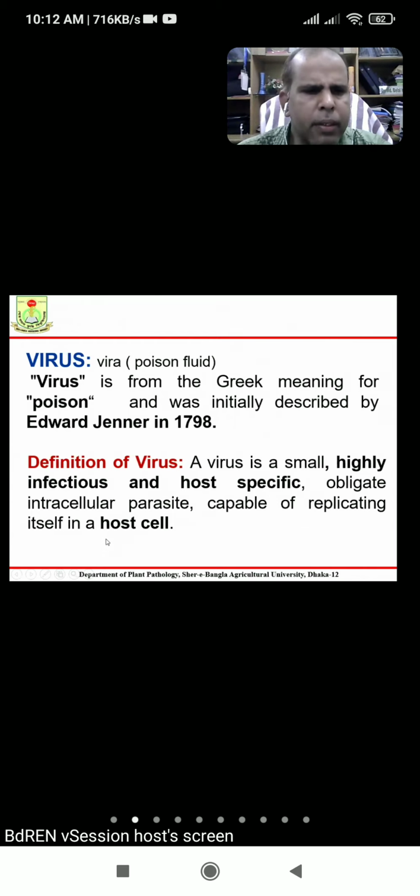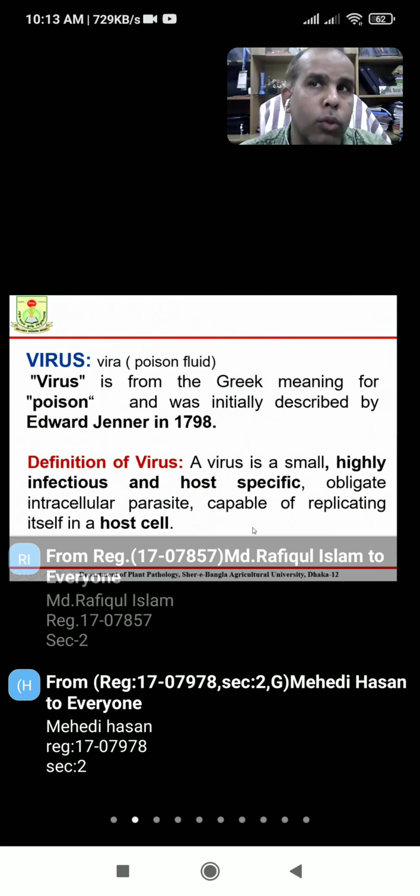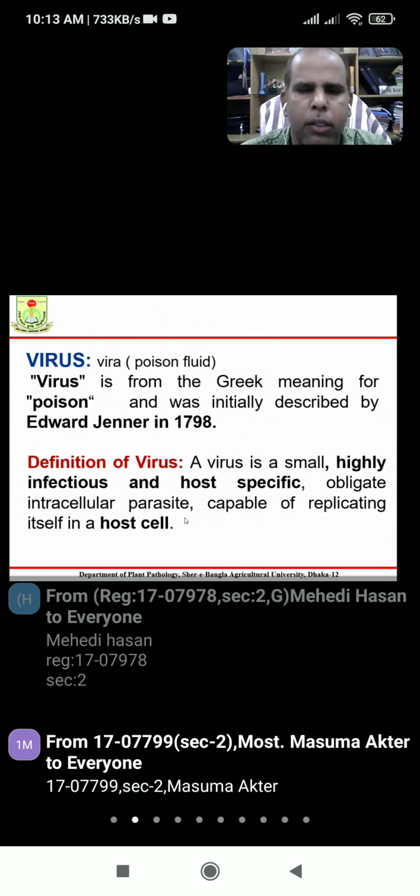Capable of replicating itself in a host cell: as I already mentioned, it can't survive without a living host cell, so it replicates in the host cell. And one interesting thing is that from the host cell, the virus does not take any type of nourishment, I mean food and other things, but it just uses the replicating mechanism of the host cell. So this is the information.